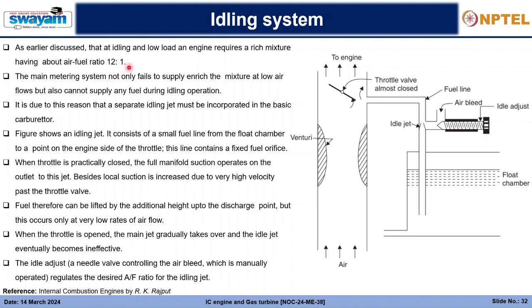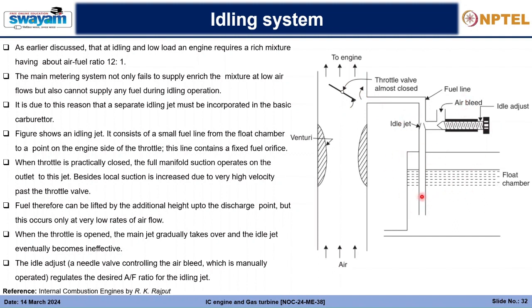So the main metering system fails to enrich the mixture at low air flows, and also cannot supply any fuel during the idling operation, right? At low load conditions it cannot supply. That's why this entire idling system is made.